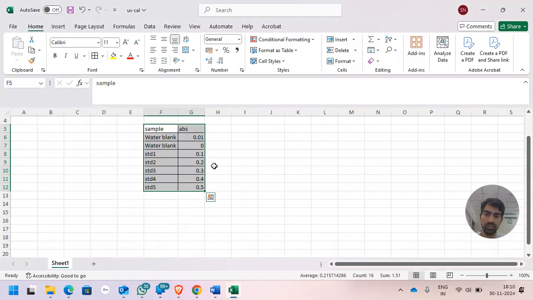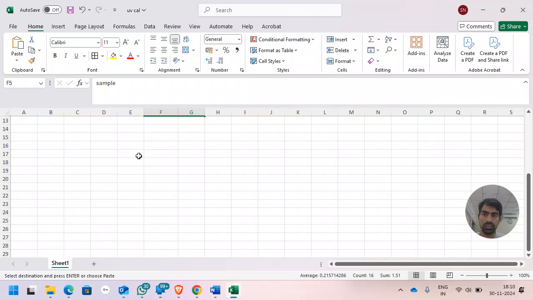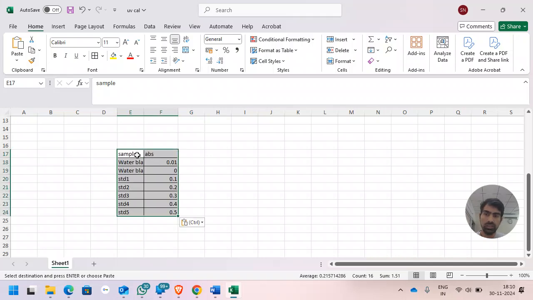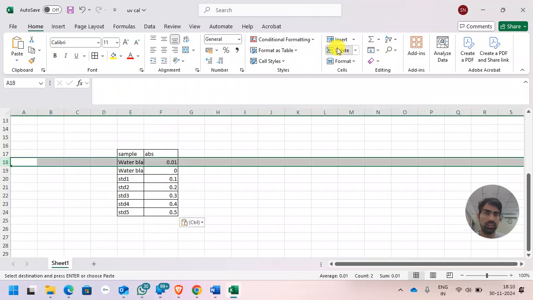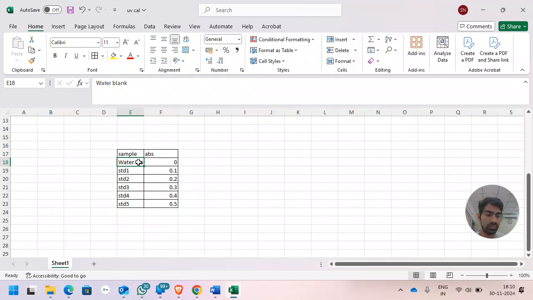We'll write it in another manner. Here we'll write this is water. I'm removing it. Okay, this is blank. I'm keeping it as a zero concentration. Absorbance also zero.